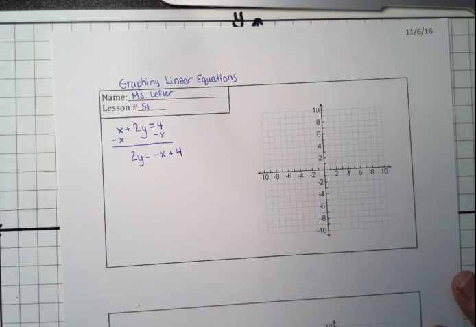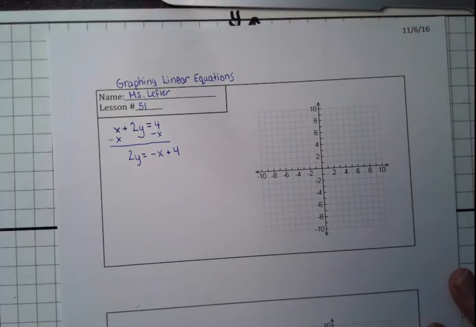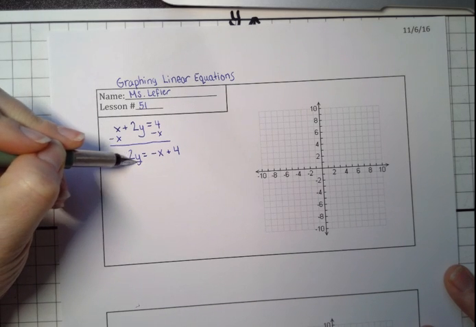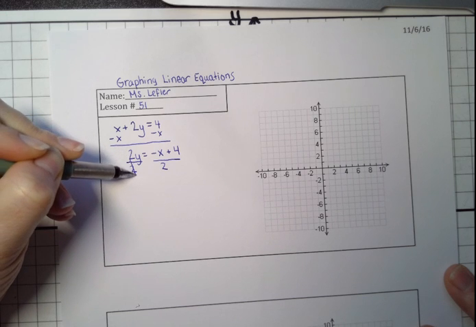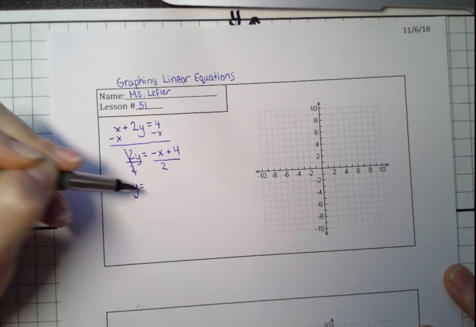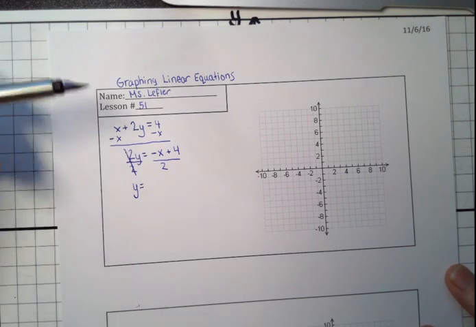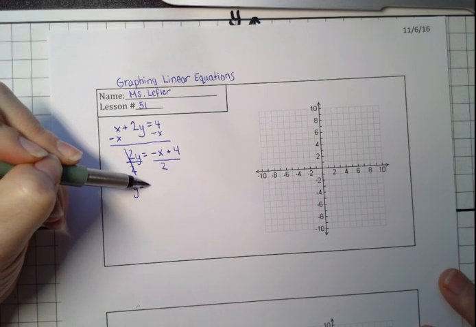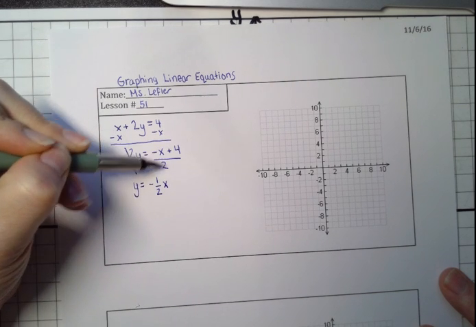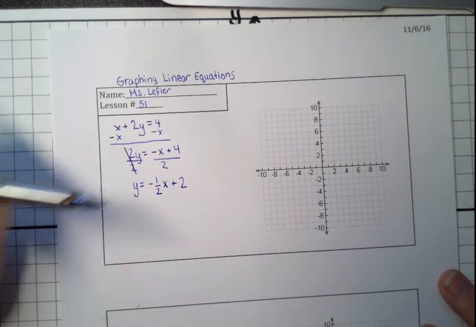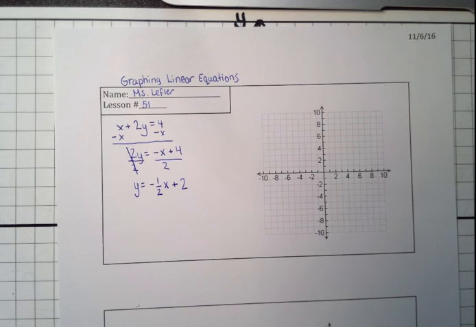And then I could divide both sides by 2 to get the y by itself. 2 over 2 is 1, so the 2's cancel, and I would get y equals negative 1/2 x, and then 4 over 2 is 2, so it would just be plus 2. So we did a little bit of this in the previous lesson. We solved for y.